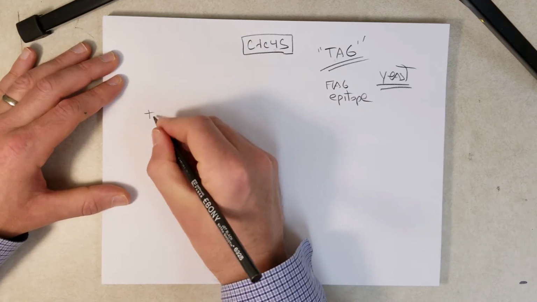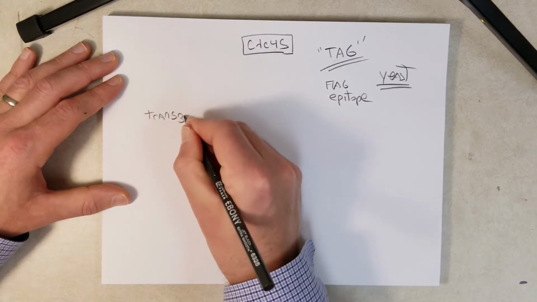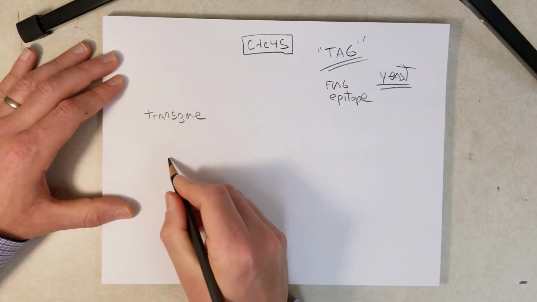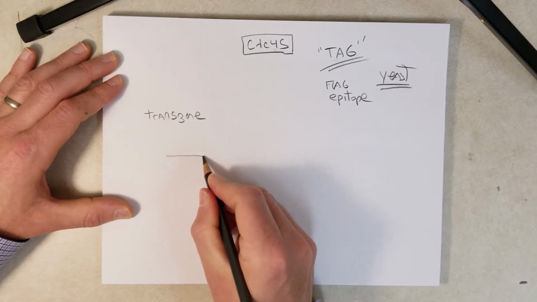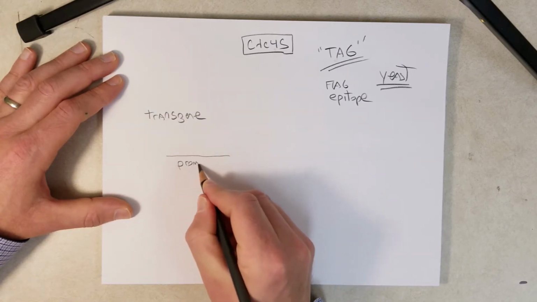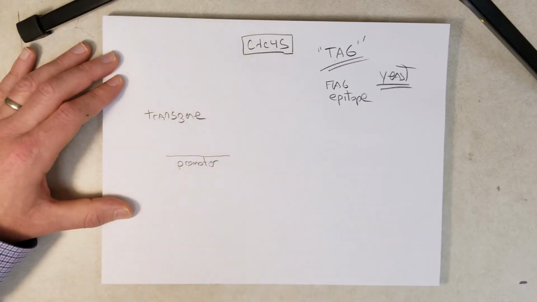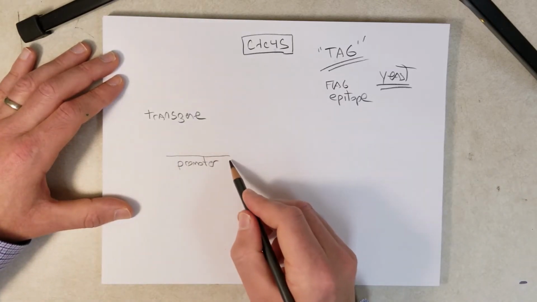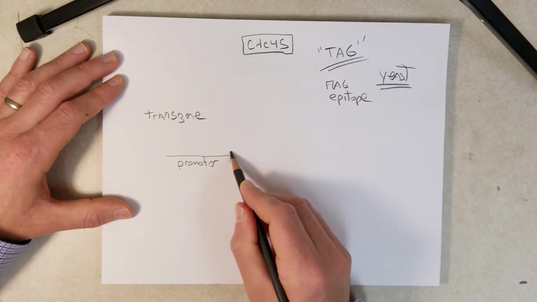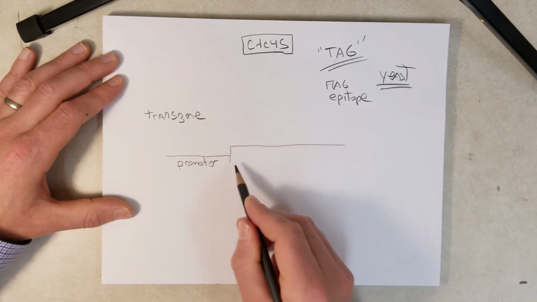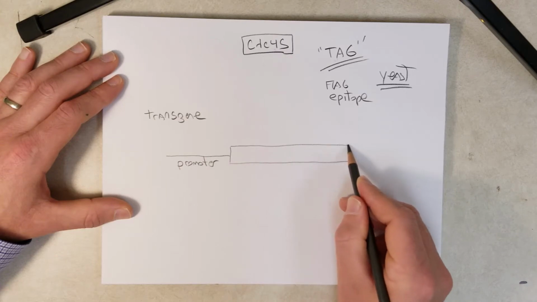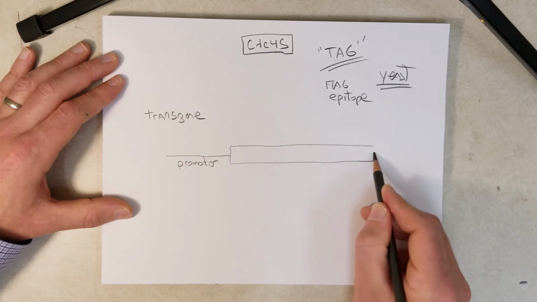So let me diagram a transgene that could work for this process. So here's the transgene here. So this is going to be our promoter sequence. And this is where the RNA polymerase would bind and transcribe the transgene. And so this will be the transcript sequences.